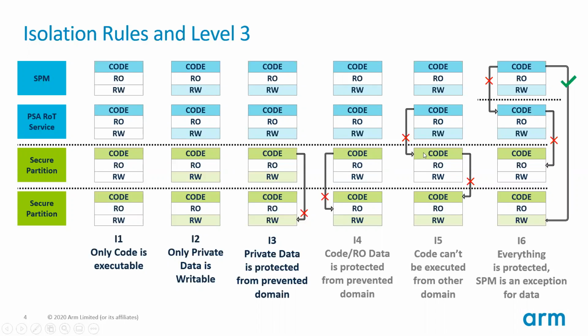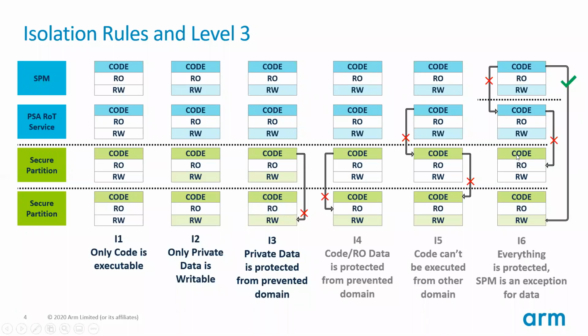A direct jump won't change the execution permissions, so we should prevent that. I6 is the most restricted rule: everything is protected.